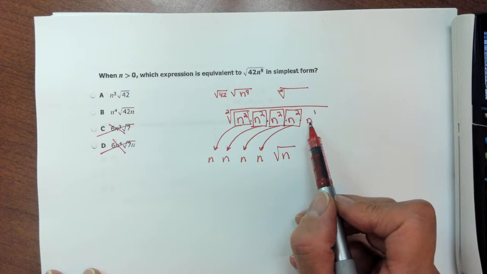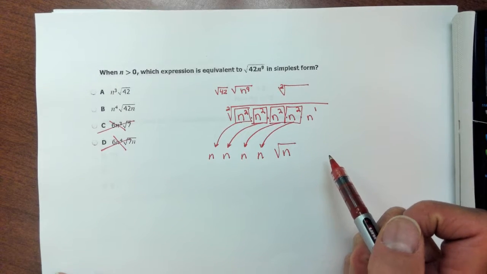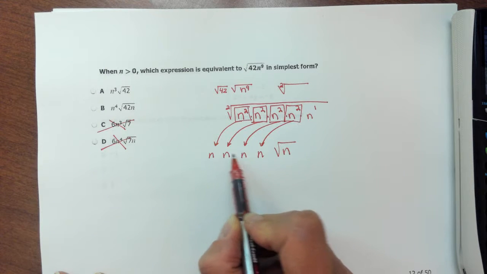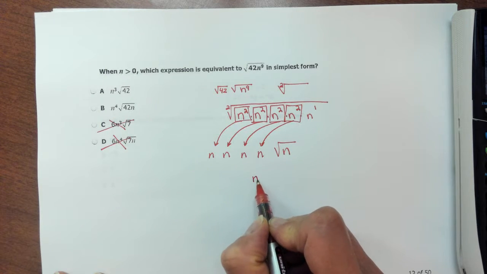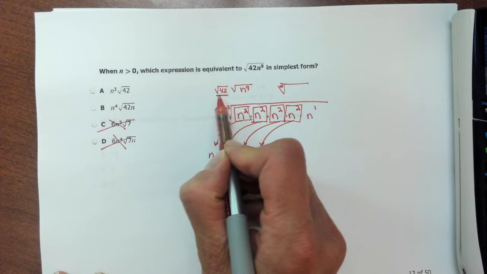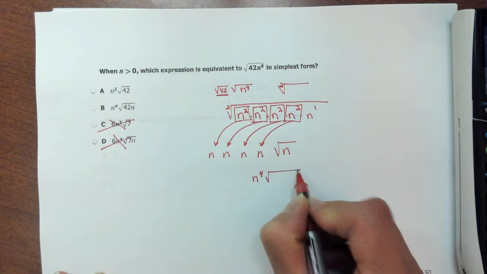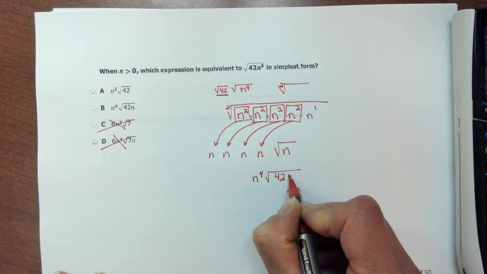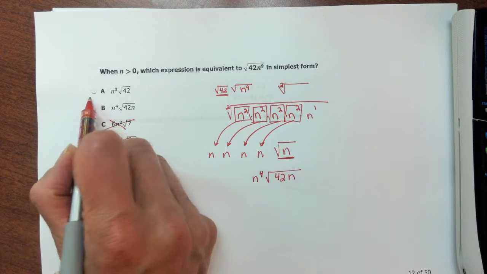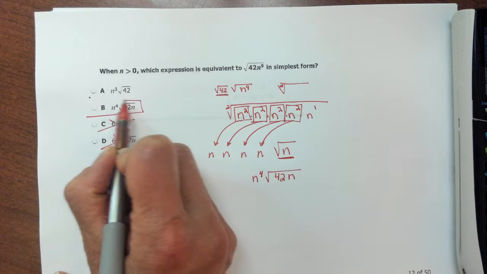That one doesn't get to come out because he doesn't have a buddy. So how many am I multiplying together? 1, 2, 3, 4. So that's n to the 4th. Remember, this is still under the radical. So I have the square root of 42 times n, because this is under the radical. So it has to be, I'm sorry, it has to be this one.